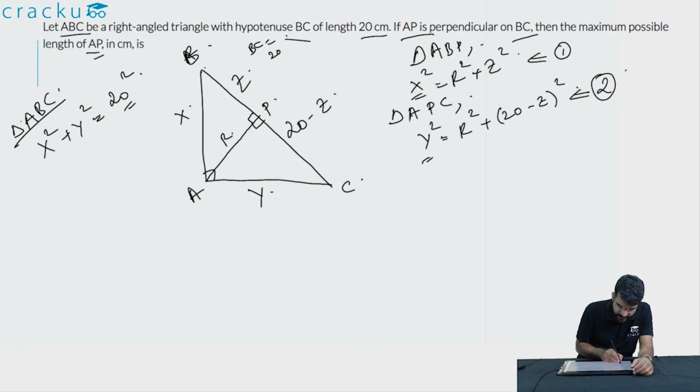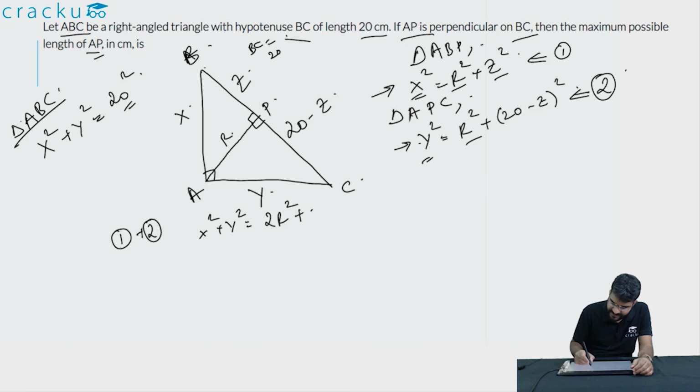So that is what we are going to do next. So we will add 1 plus 2, that is these two equations. So x square plus y square is equal to r square plus r square, so that is equal to 2r square plus z square plus (20 minus z) whole square.